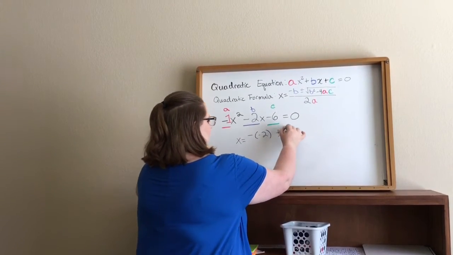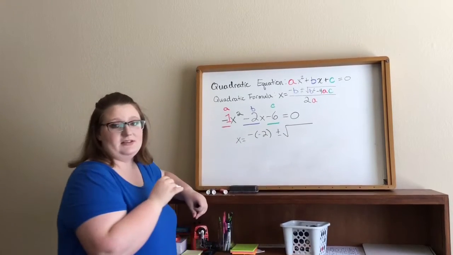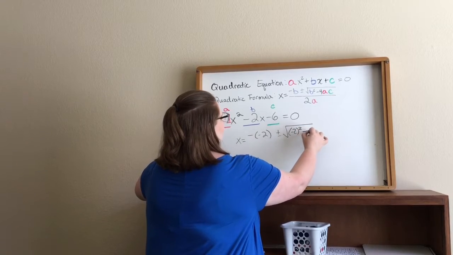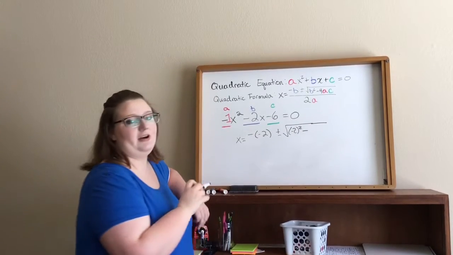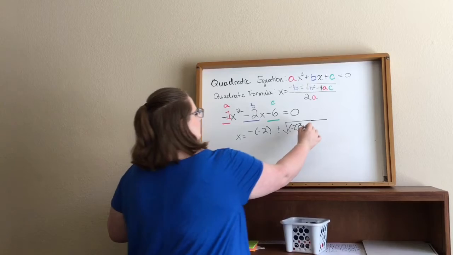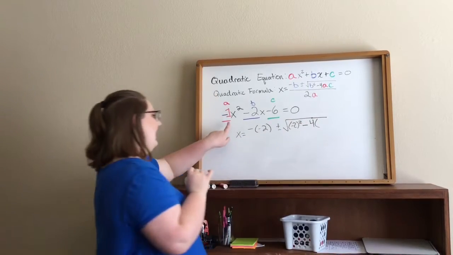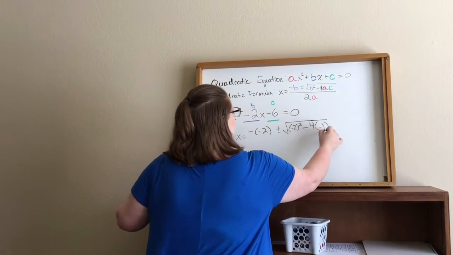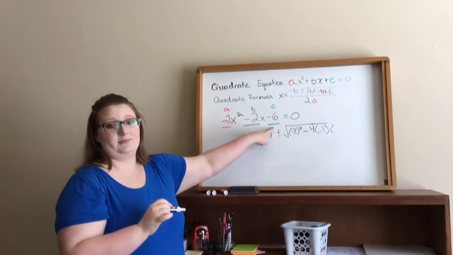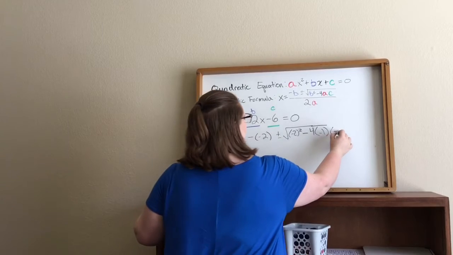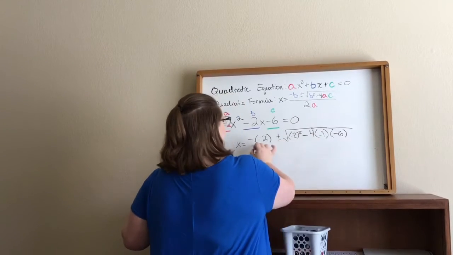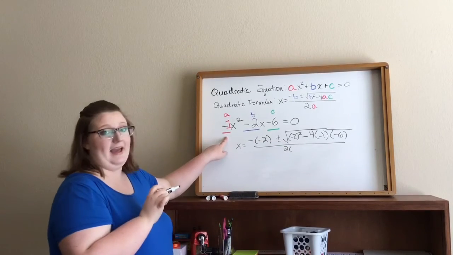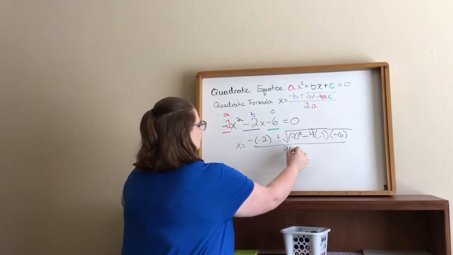Plus or minus the square root of b squared, which is negative 2 squared, minus 4ac, so minus 4 times a, which in this problem is negative 1, times c, which in this problem is negative 6. And then that's all over 2 times a, which is negative 1.